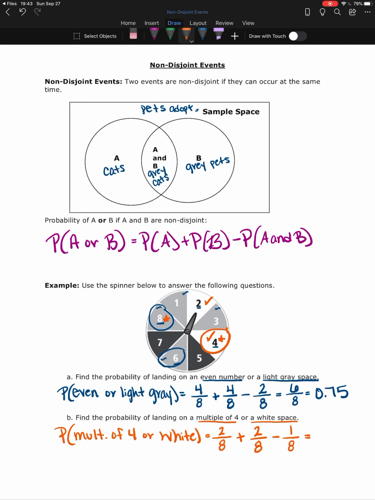So 2 plus 2 is 4, minus 1 is 3 over 8. And that is 0.375. So these are non-disjoint events and how to calculate probabilities related to non-disjoint events A or B occurring.